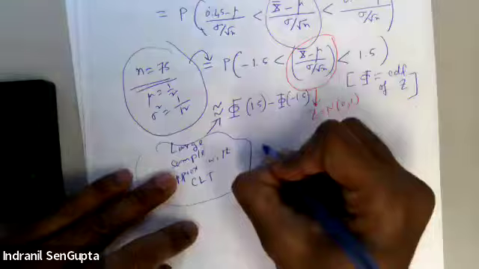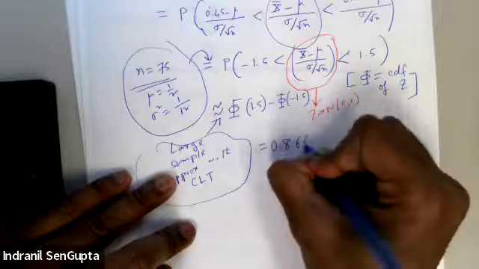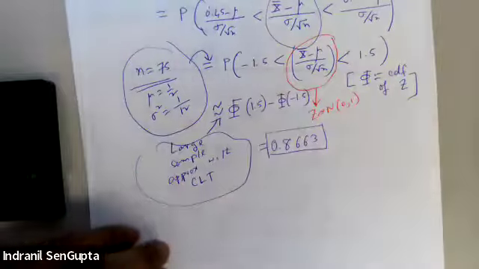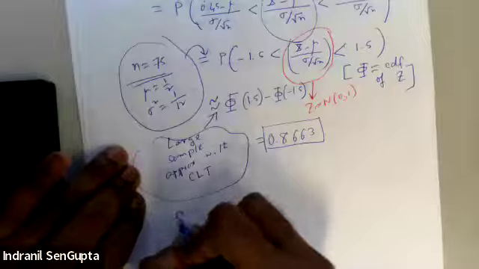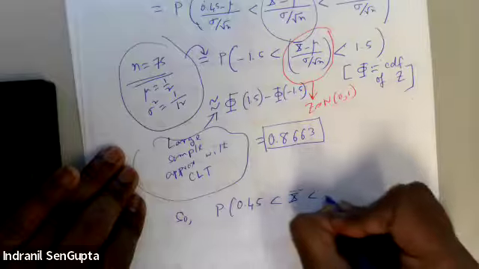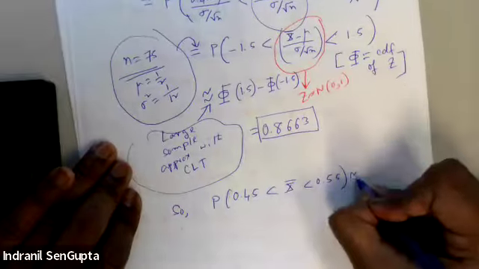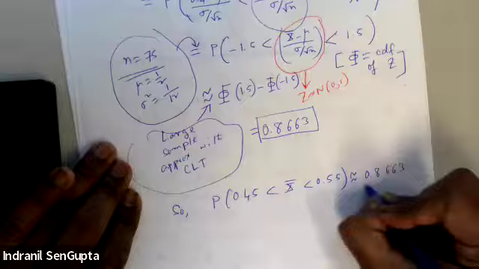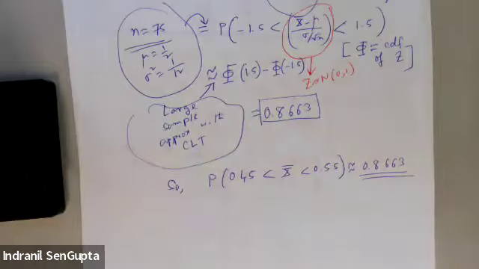If you compute this, you'll get 0.8663. So the probability of 0.45 less than x bar less than 0.55 is approximately 0.8663. This is good enough because I don't need to compute the sum of 75 variables, get the convolution result, and then compute this probability. This approximation is good enough because the sample size is pretty large.